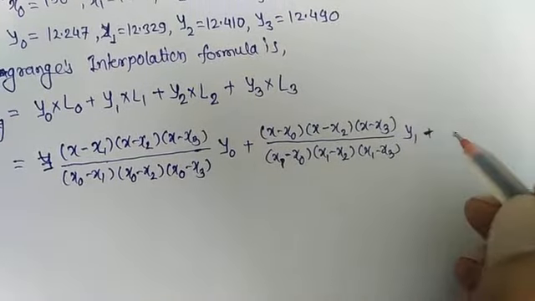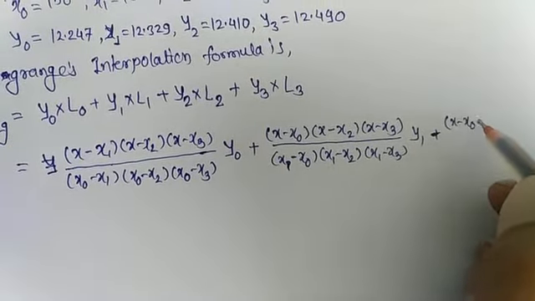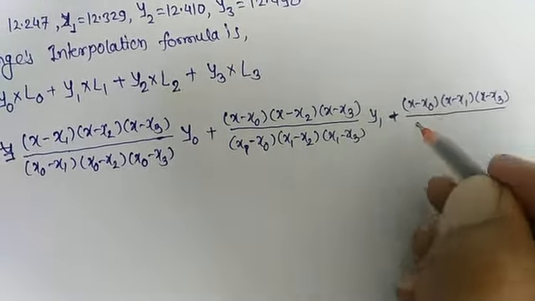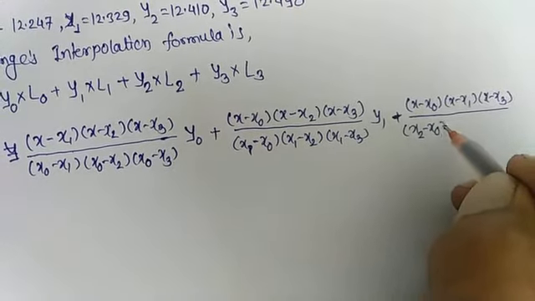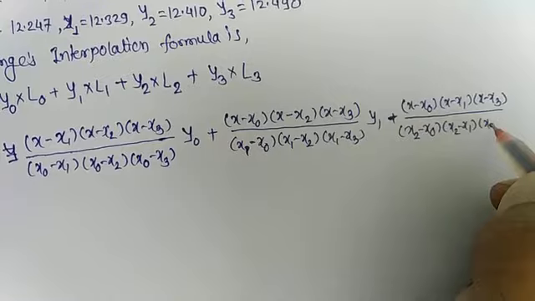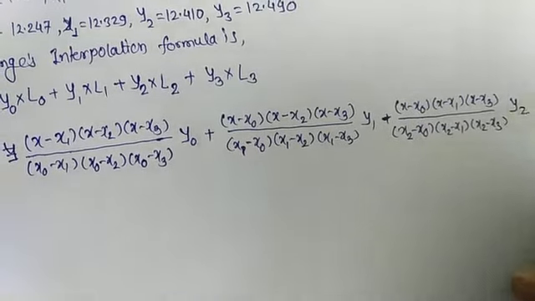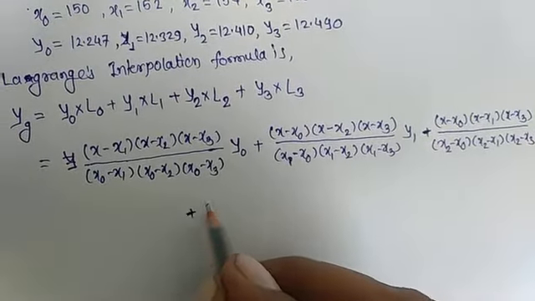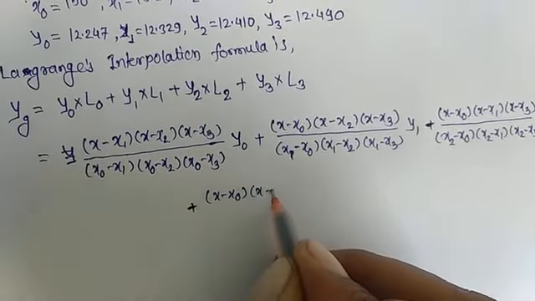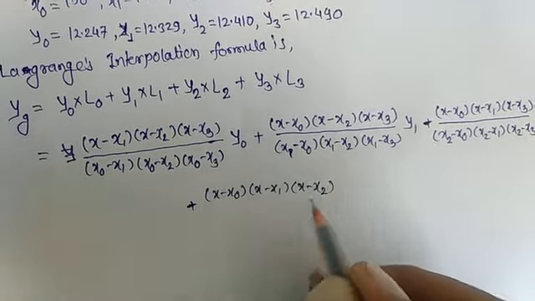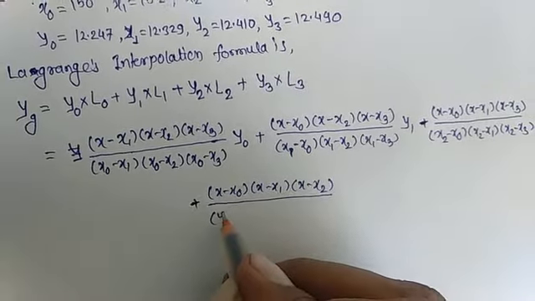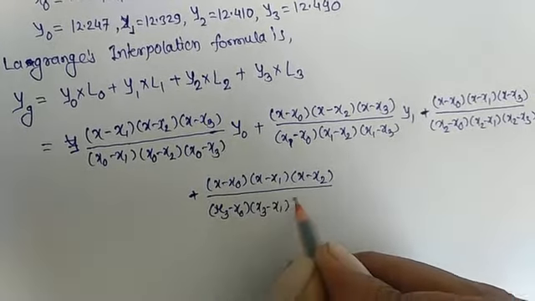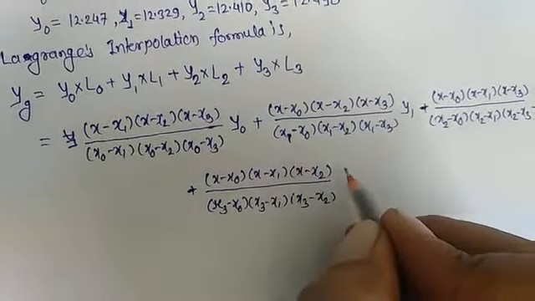term plus x minus x0 into x minus x1 into x minus x3, divided by x2 minus x0, x2 minus x1 into x2 minus x3 into y2, and the last term is y3 into L3, which is x minus x0 into x minus x1 into x minus x2, divided by x3 minus x0, x3 minus x1 into x3 minus x2 into y3.